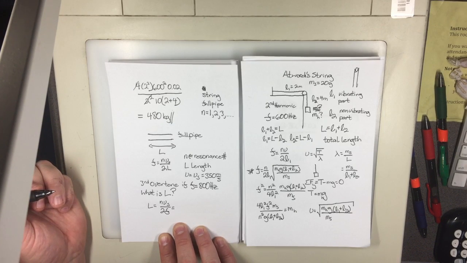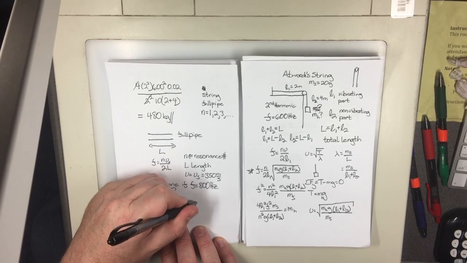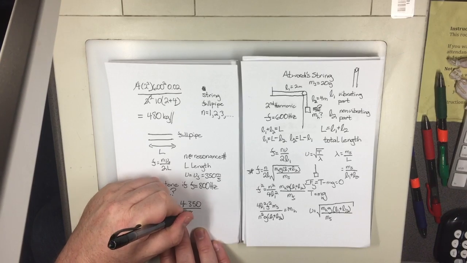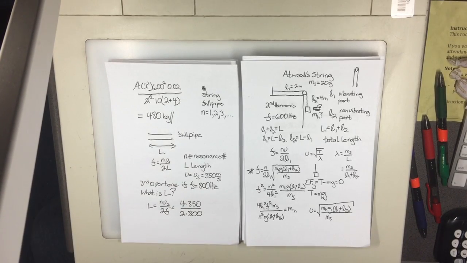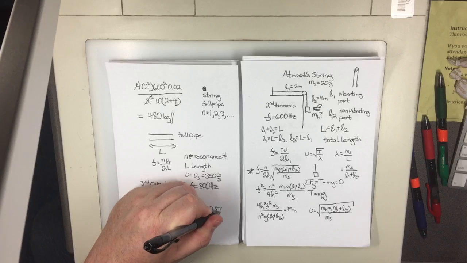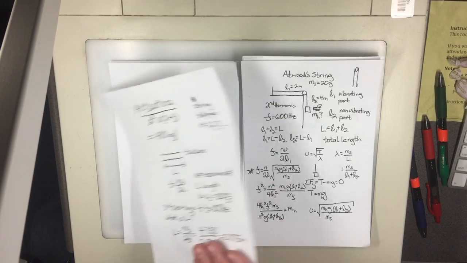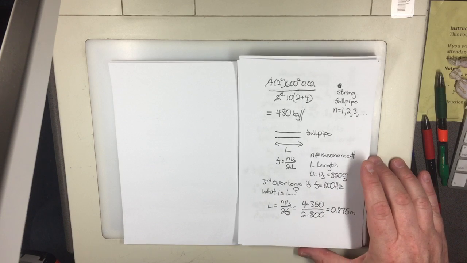Third overtone: 4. 350 over 2 times 800. So it is 1400 divided by 1600, or 0.875 meters. And so that's just a simple pipe problem.